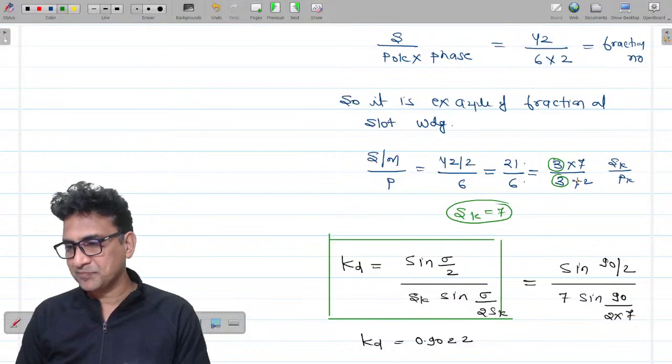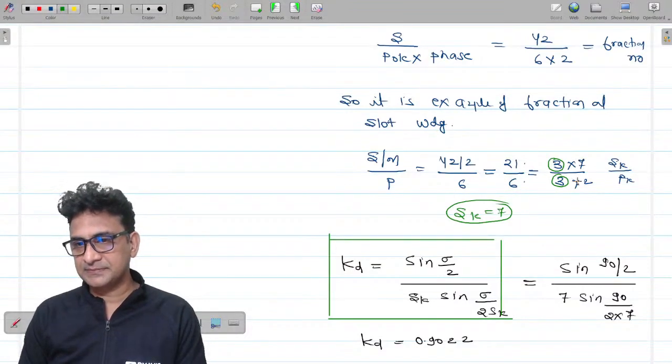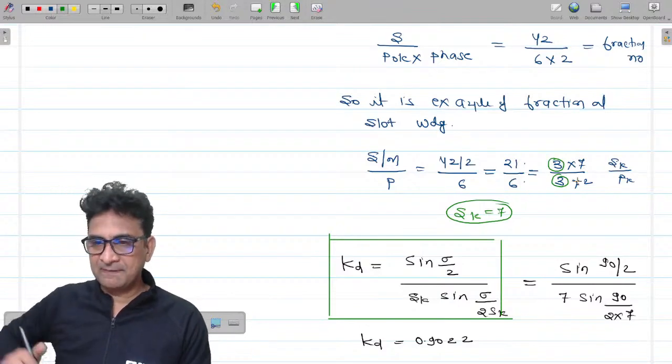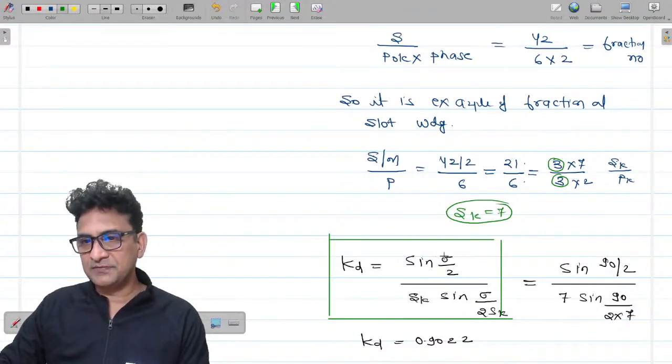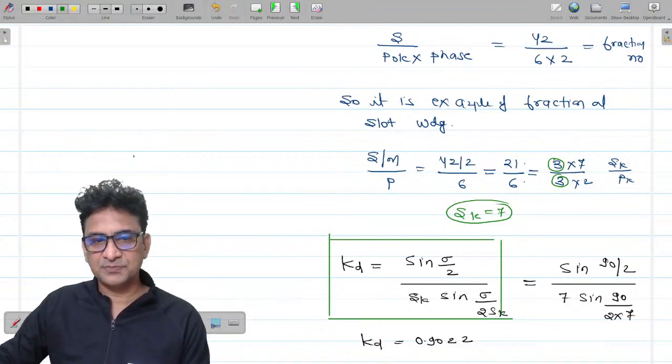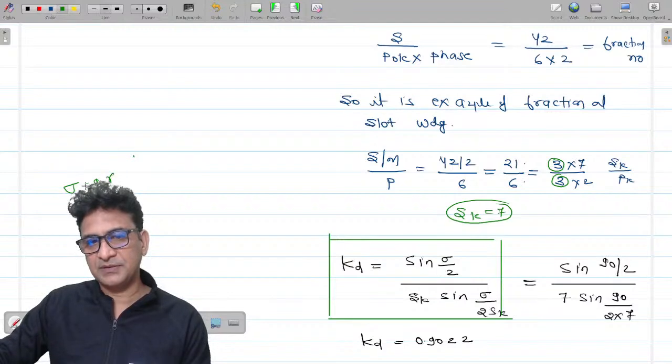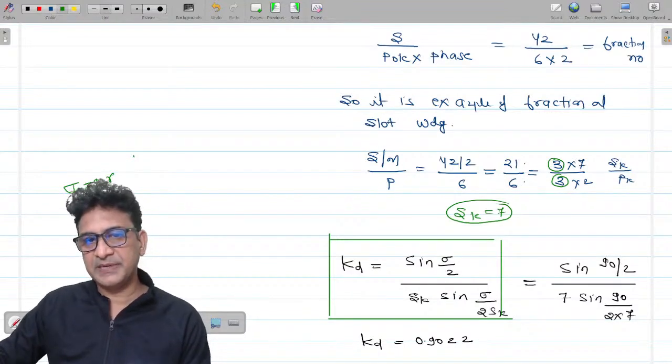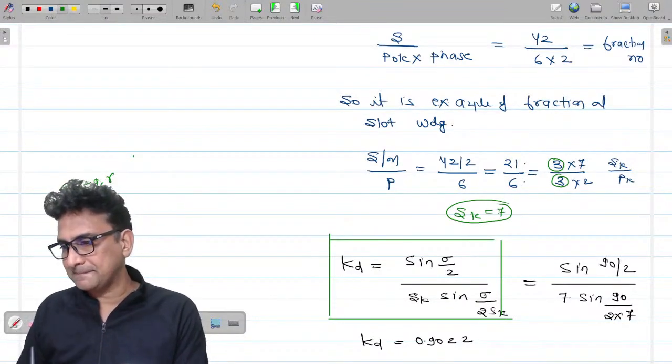Clear? Sigma is called the phase spread. Sigma is basically q gamma, the phase belt multiplied by the slot angle.